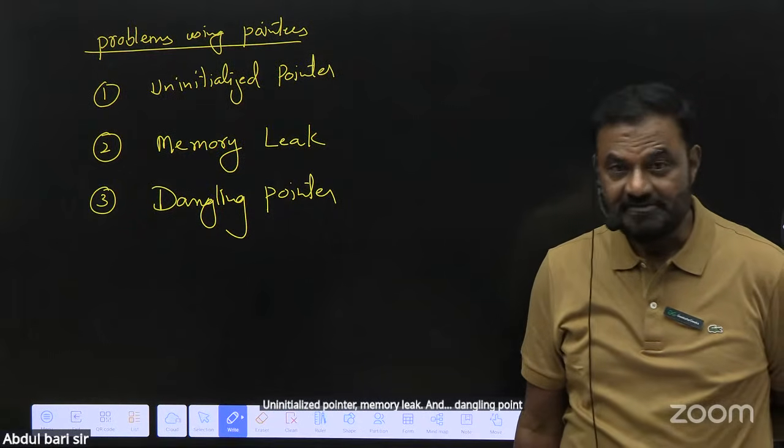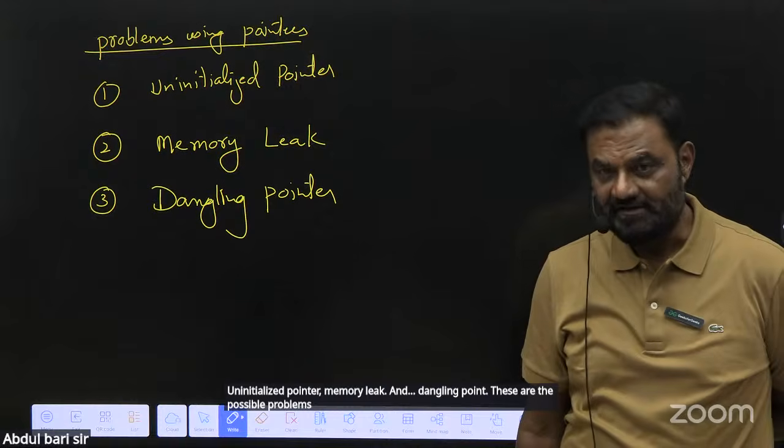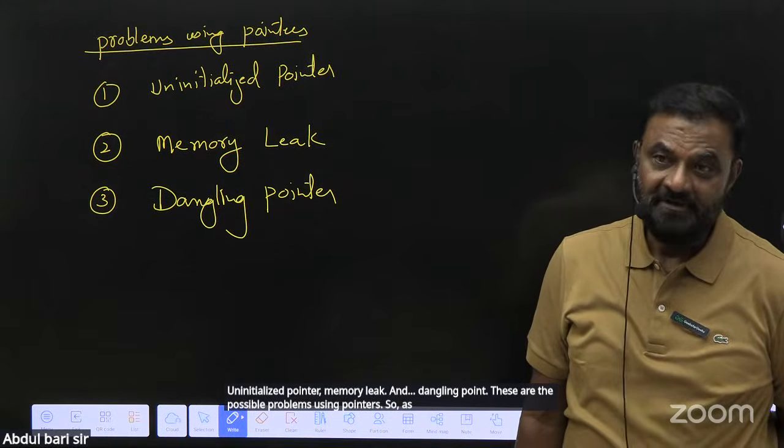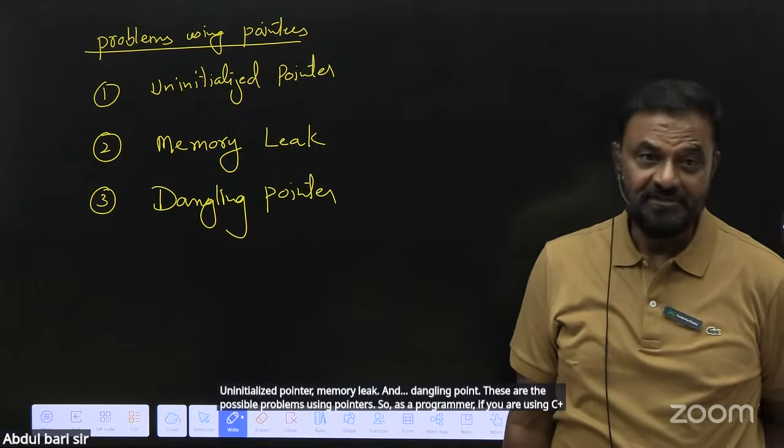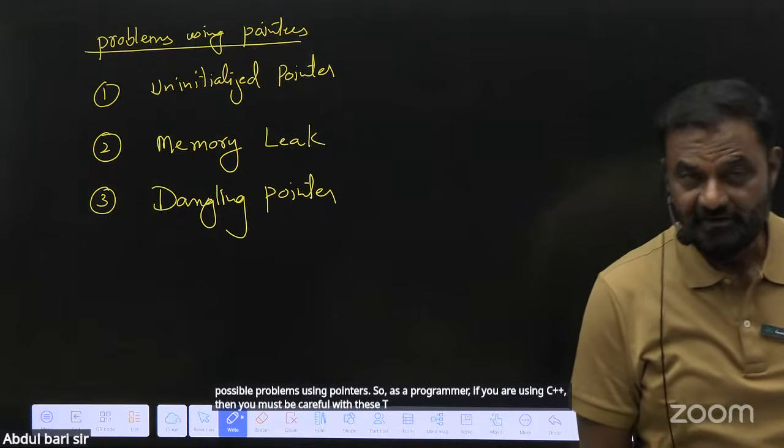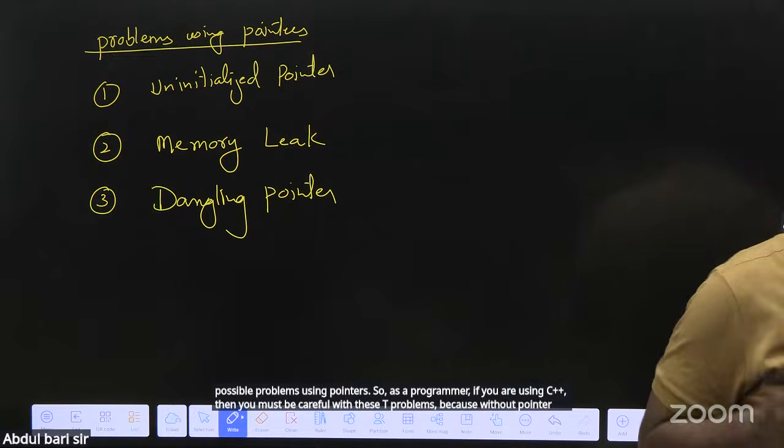These are the possible problems using pointers. So as a programmer, if you are using C++, then you must be careful with these three problems because without pointers, you cannot develop the applications also.